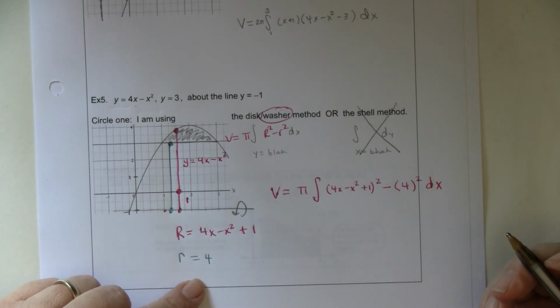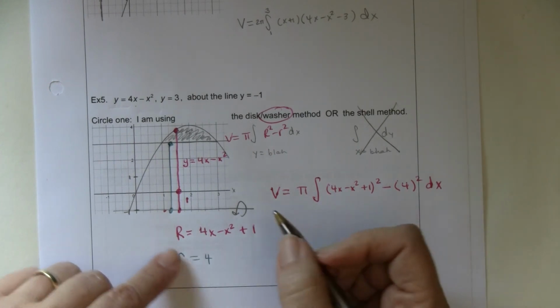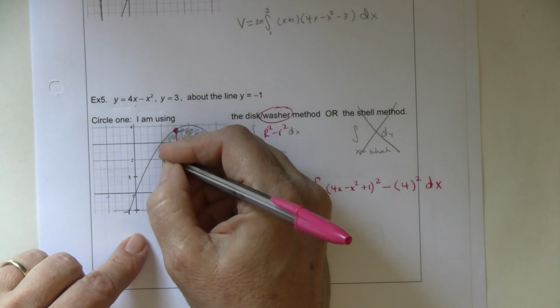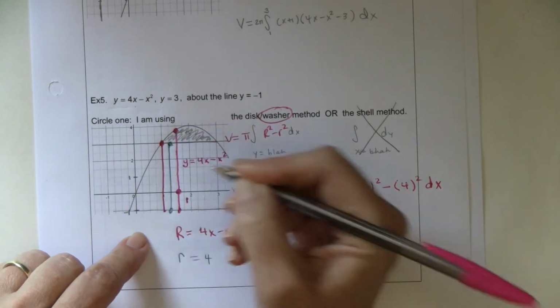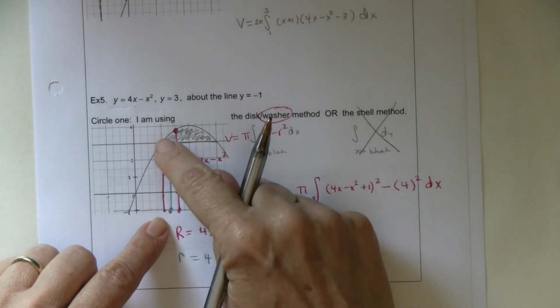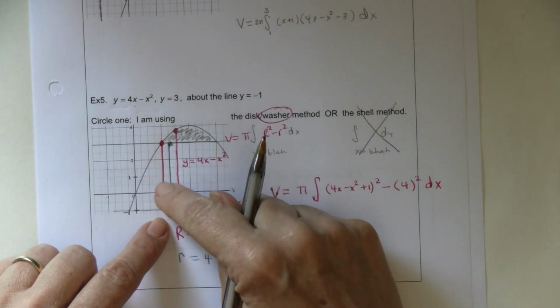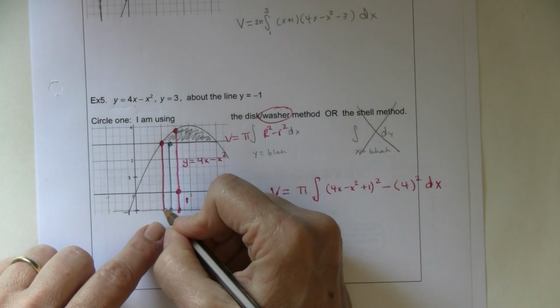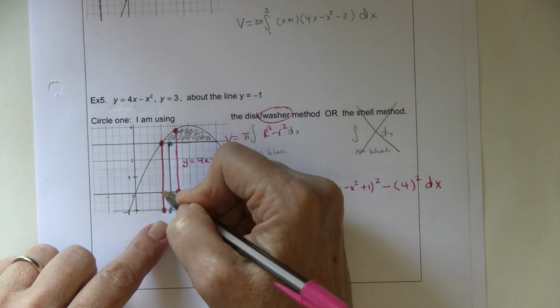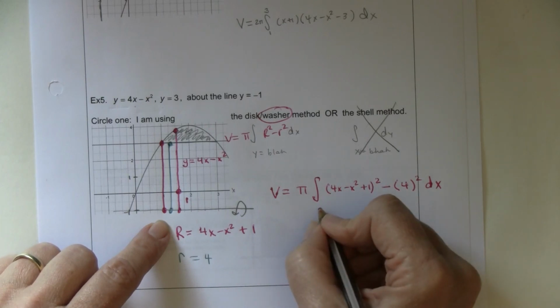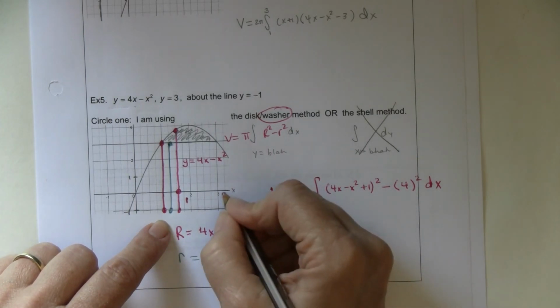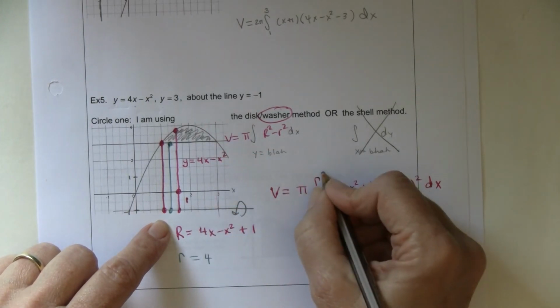And then my bounds are going to go from right here, this corner. This radius that I just drew in there represents both big R and little r at the same time. So that's at 1 to 3.